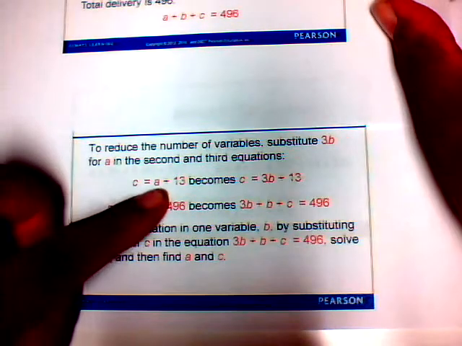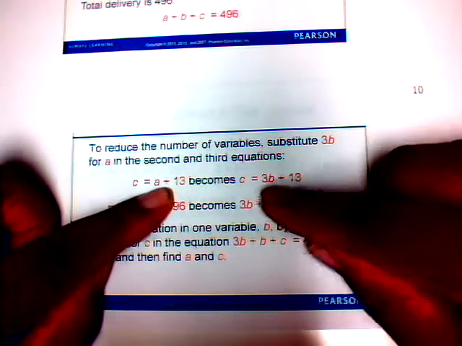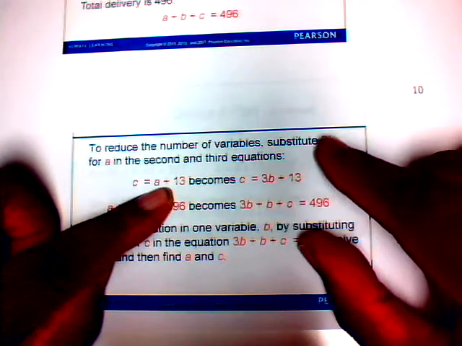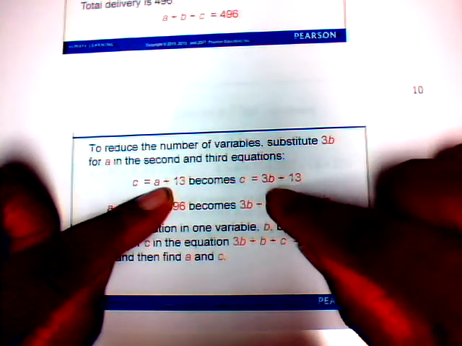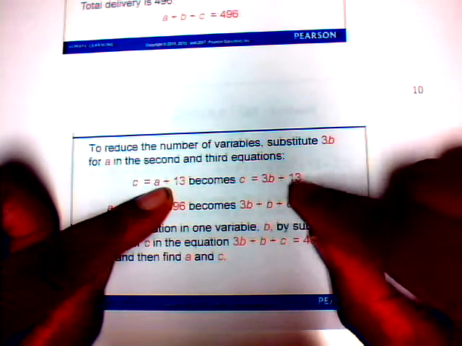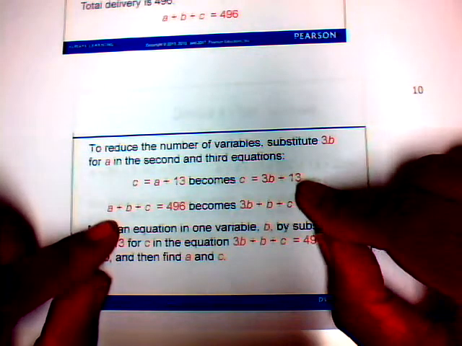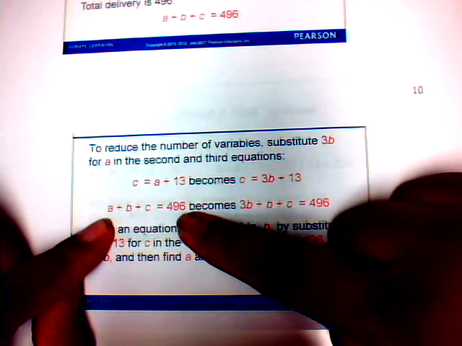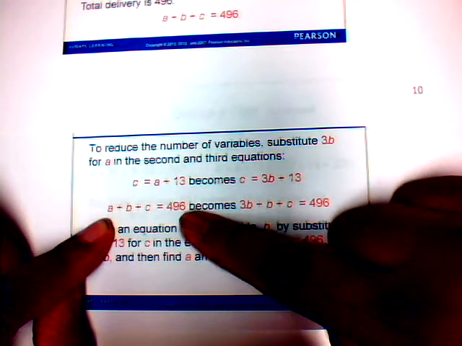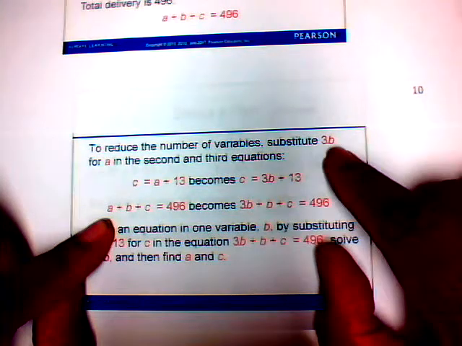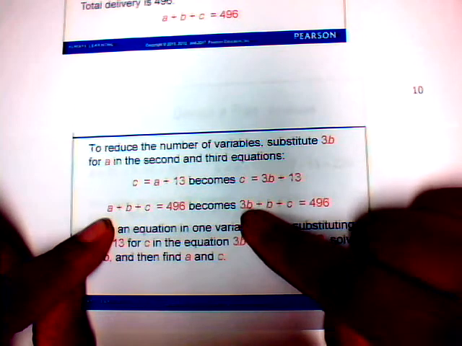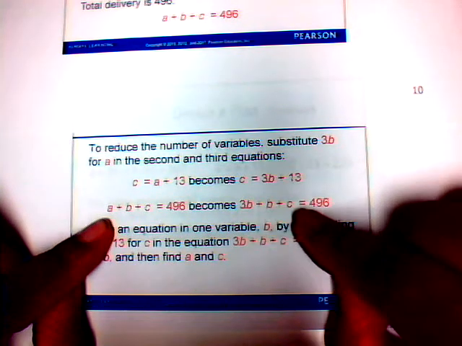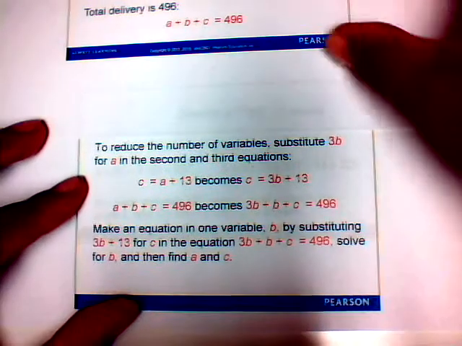So here C is equal to A plus 13. Since A is equal to 3B, C is going to be equal to 3B plus 13. And then in the equation A plus B plus C is equal to 496, we substitute 3B in for A, so that's 3B plus B plus C is equal to 496.